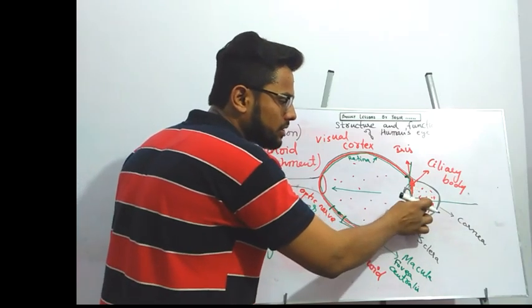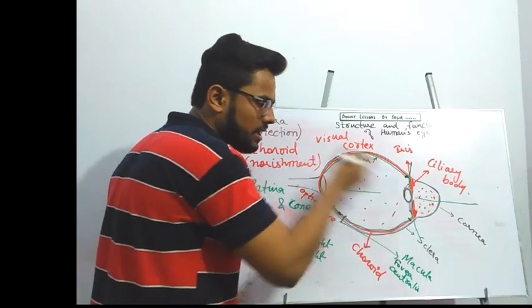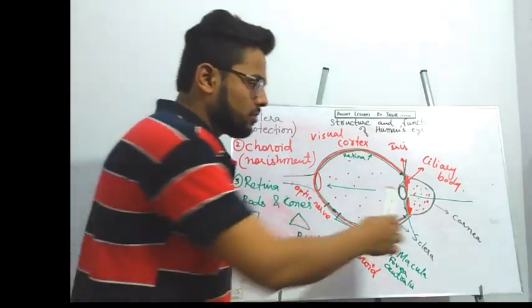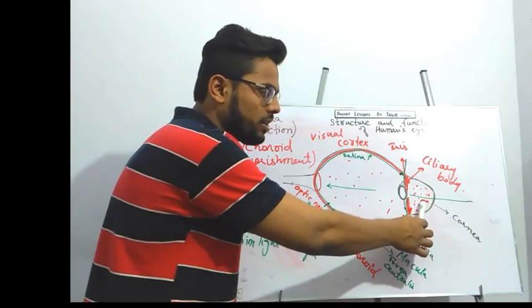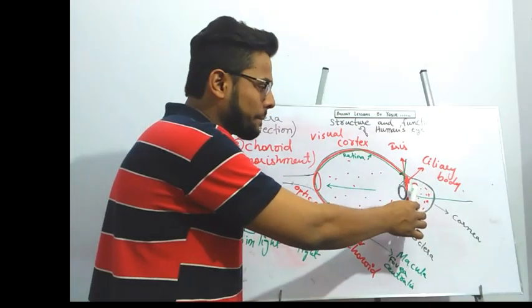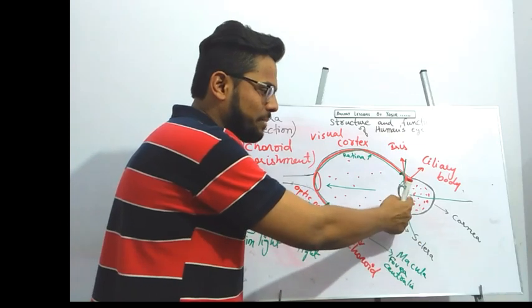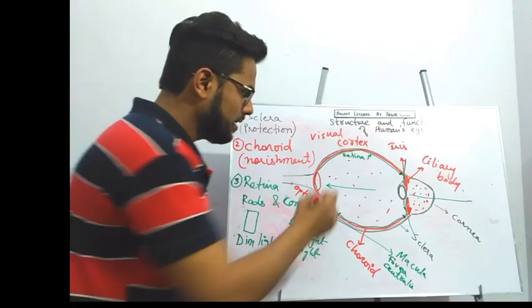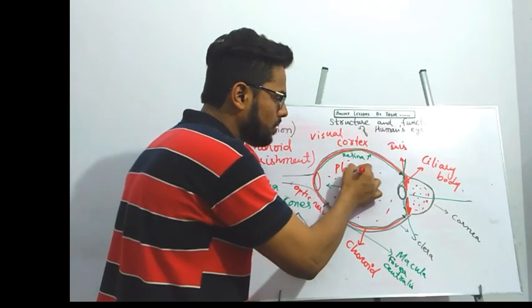First cornea, then aqueous chamber, then iris, then lens. This is a detail of the eye. So first of all, the cornea. After the cornea, the aqueous chamber, which is filled with the aqueous humor, then the iris, and beneath the iris there is a lens.